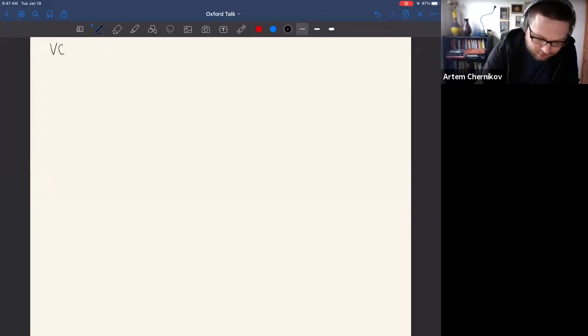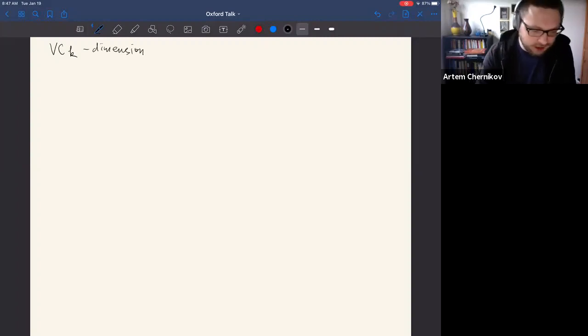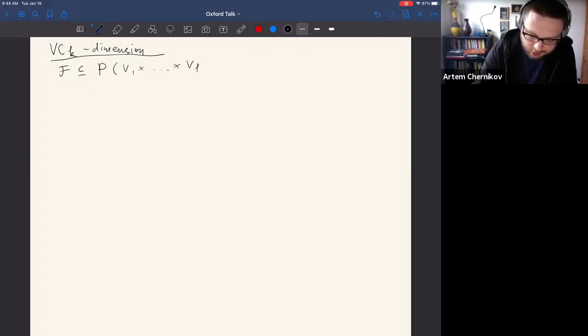So for this, let me define VCk dimension. This is something that is implicit in the work of Shelah in model theory. So assume k is an integer parameter. Assume we have F, a family of subsets of the product of k sets. So we have some arbitrary sets V1 through Vk, and we look at F, a family of subsets of the product.